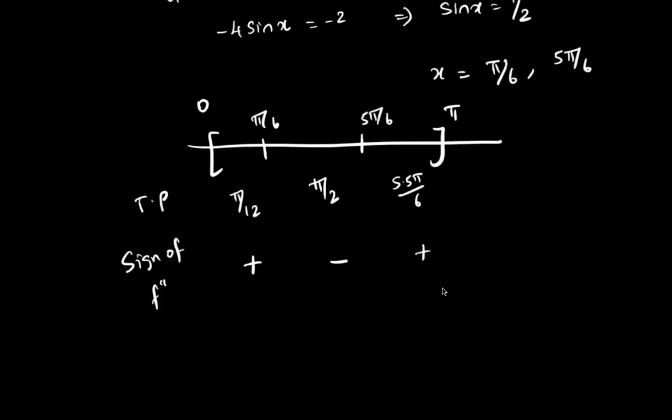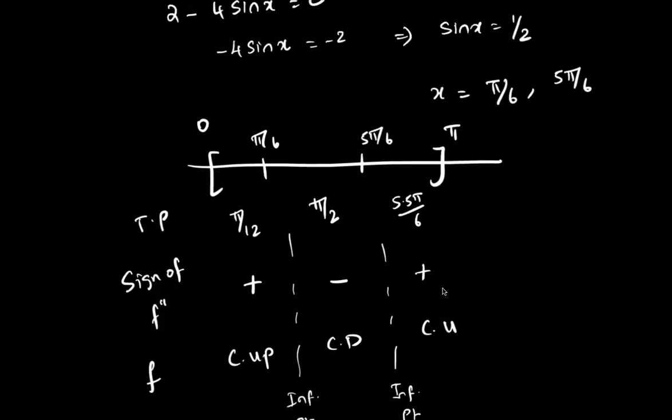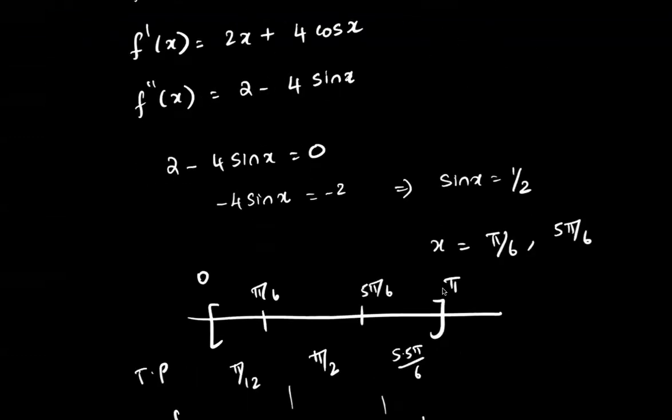Okay. So then what does it say about f? It says that f is concave up, concave down, concave up. So these are inflection points. The question is asking you for intervals of concavity and inflection points.